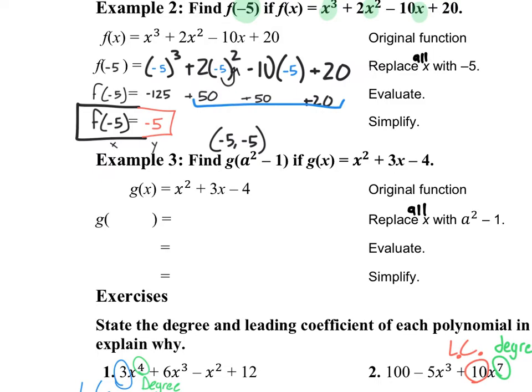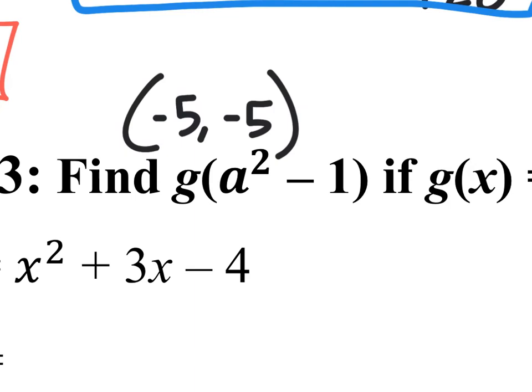This next one's going to be the same concept. It's going to be a little bit more tricky, because what we're plugging in is no longer just a constant. It's a squared minus 1.